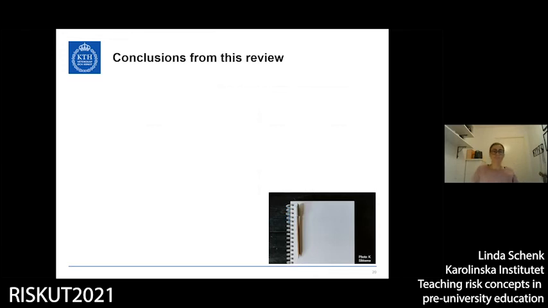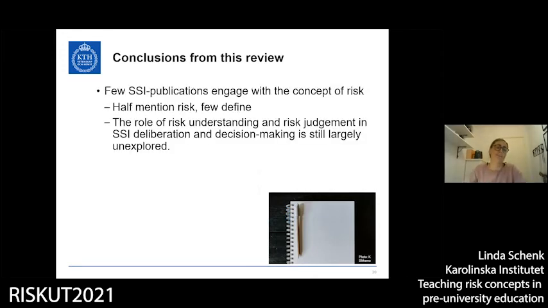So our conclusions from this review is that few socioscientific science publications engage with the concept of risk. Like half of the papers mention risk, and very, very few define their take on risk as a concept, or which description of risk they would prefer to work with in the specific issue.